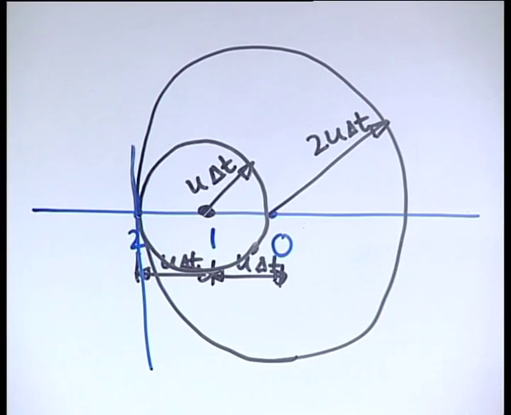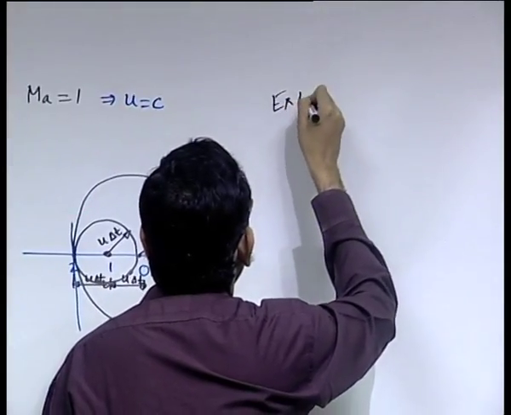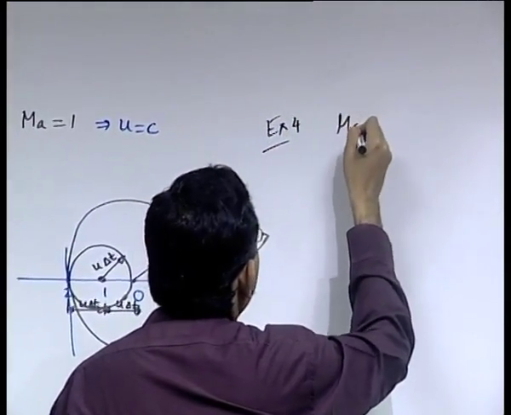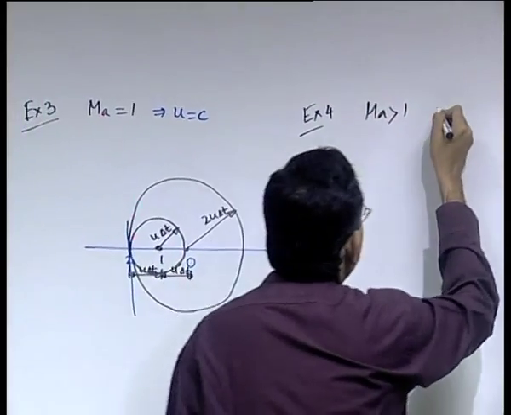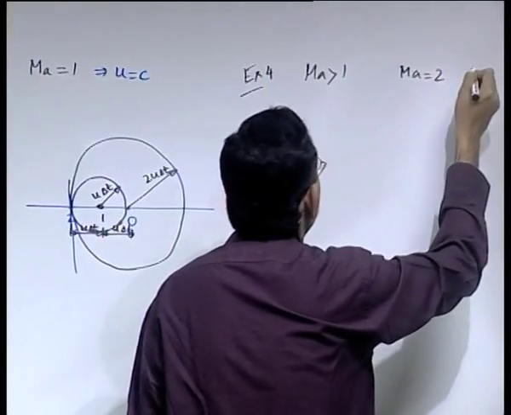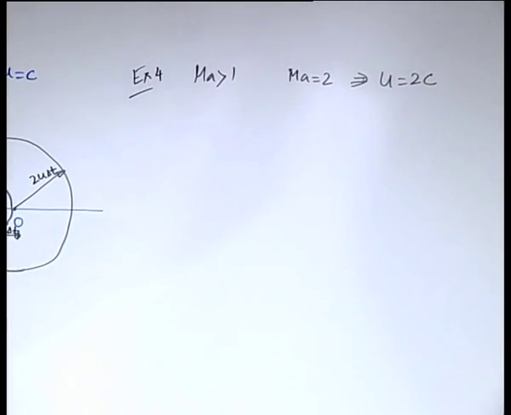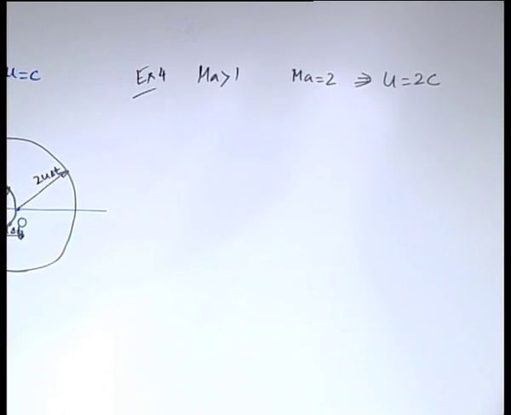Let us see a fourth example, when Mach number is greater than 1. Let us say an example with Mach number equal to 2, which means u equal to 2c. So, the source of disturbance propagates at a faster rate than the disturbance itself.